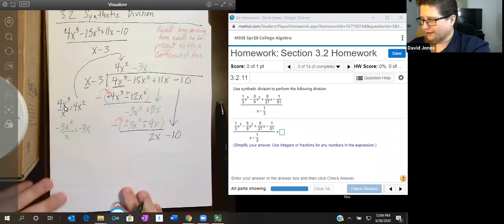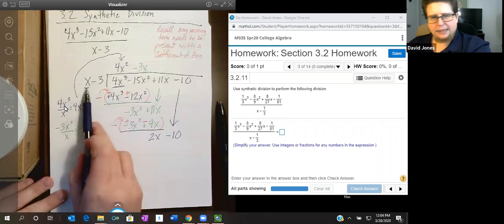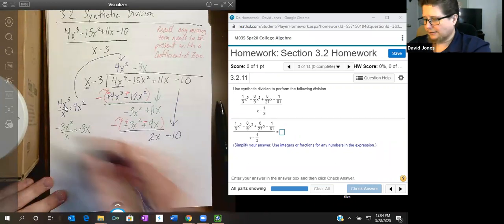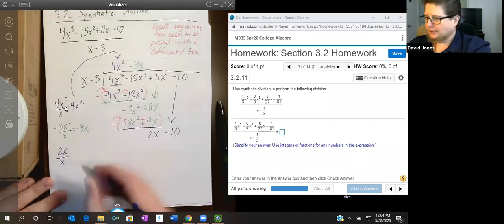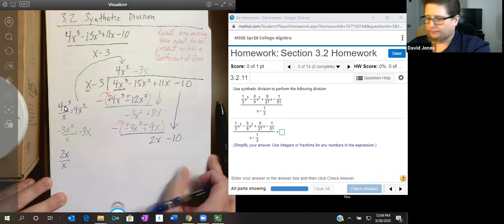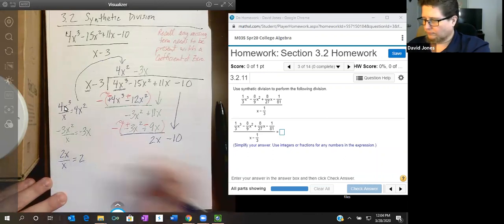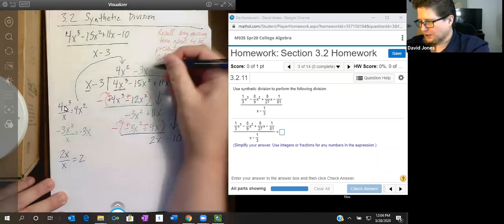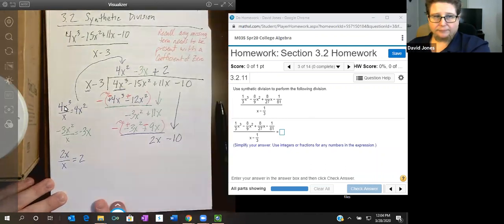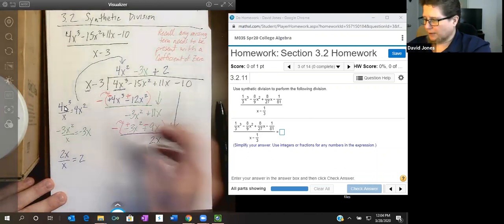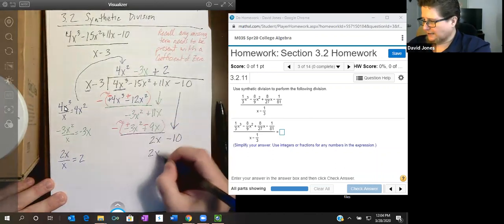And we'll finally finish the process. How many times does x go into 2x? We divide the 2x by x, and we just get 2. Since it's positive, we'll put plus 2. I take the 2, I multiply it by everything out front.